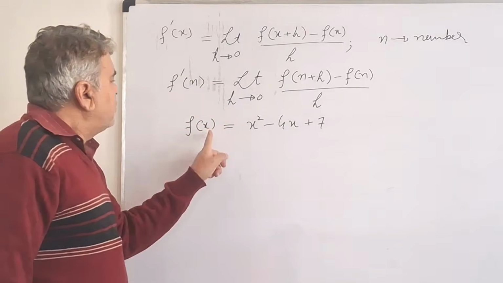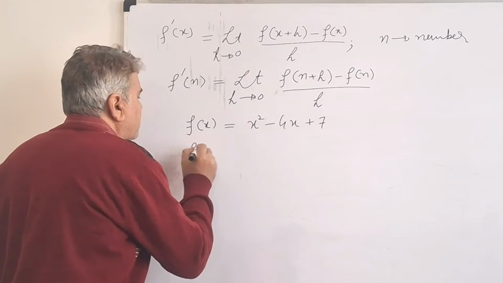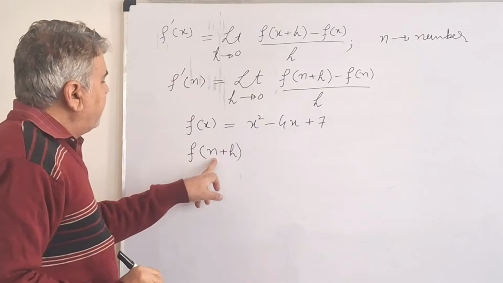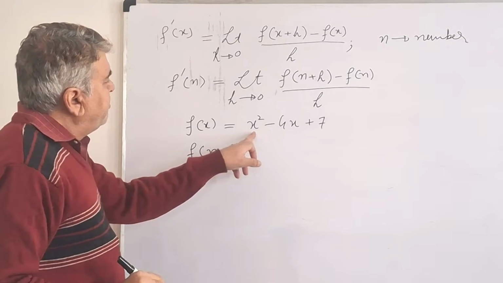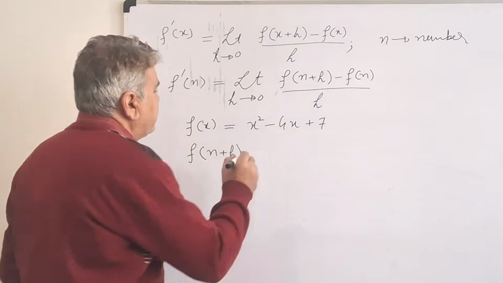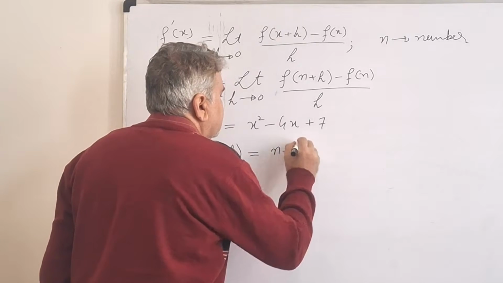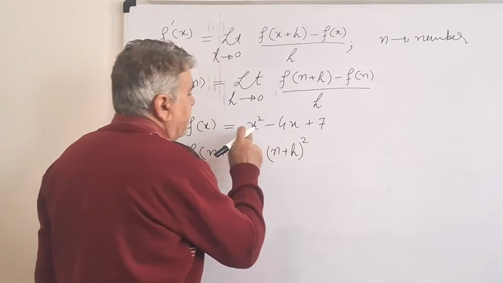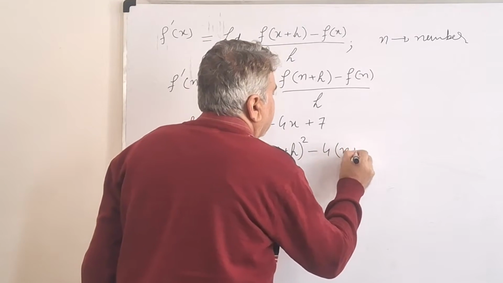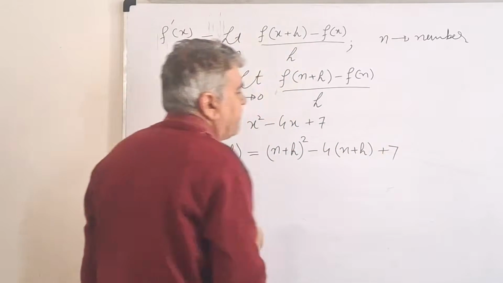So first I need to convert this function into this form. That is, from this function I want to obtain f of n plus h. N plus h means I need to replace every x in this quadratic equation with n plus h. In doing that, I can write n plus h whole squared for this term, minus 4 times n plus h for this term, and then plus 7.